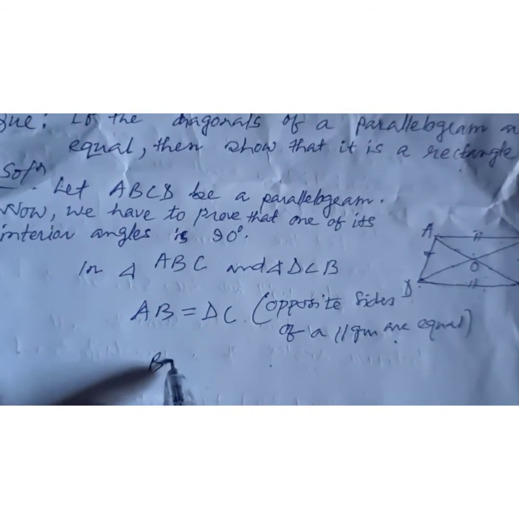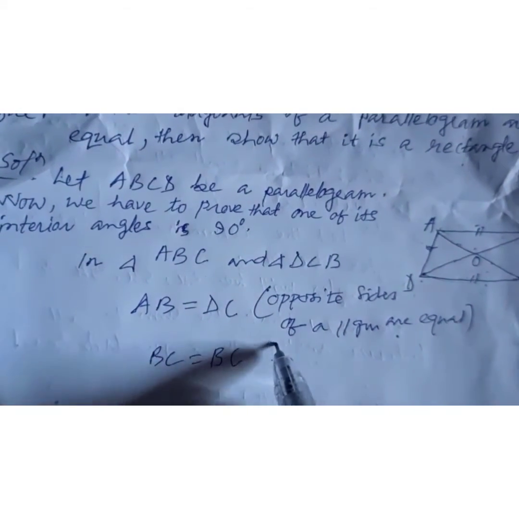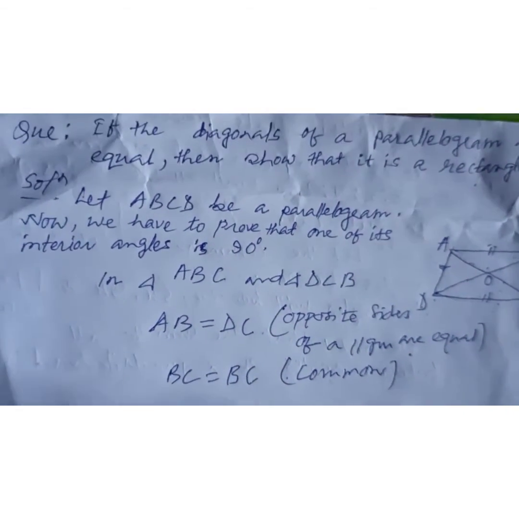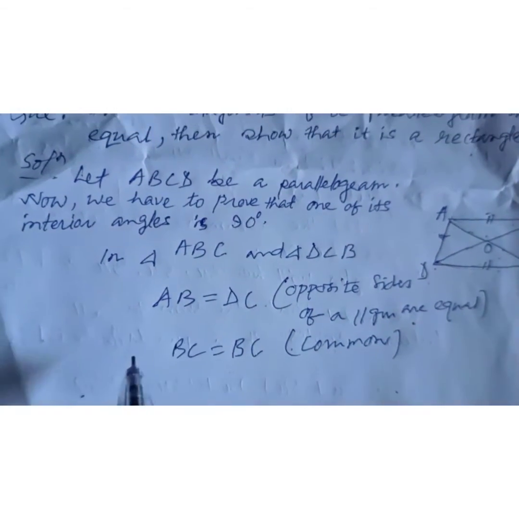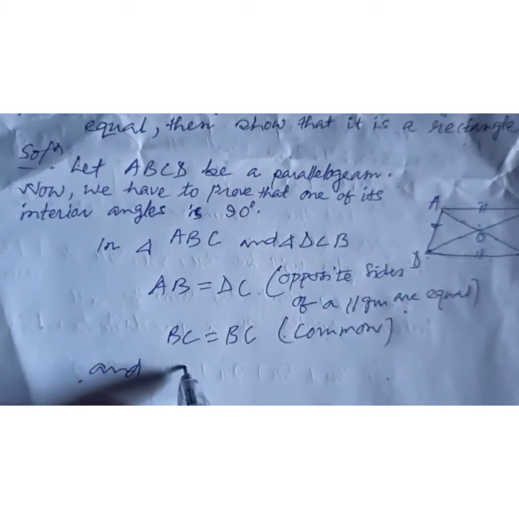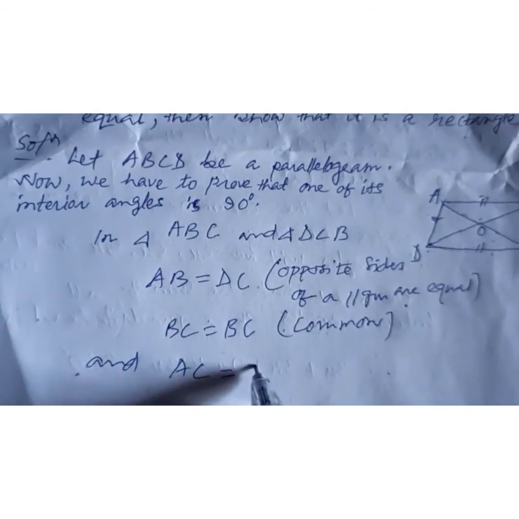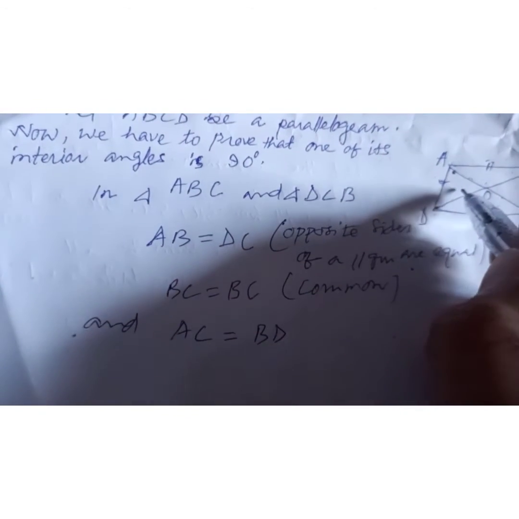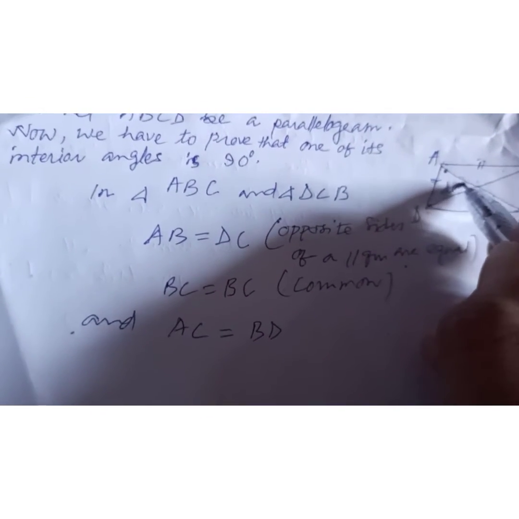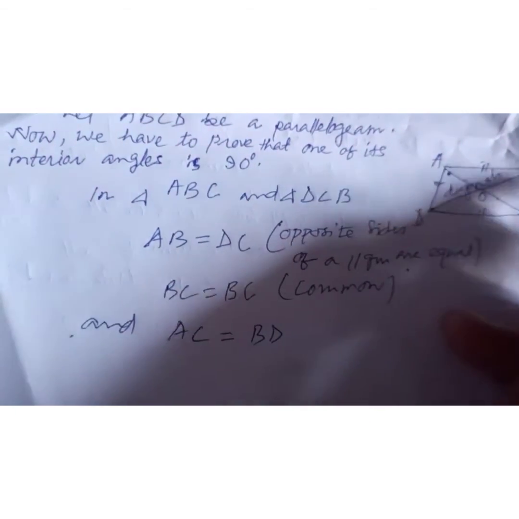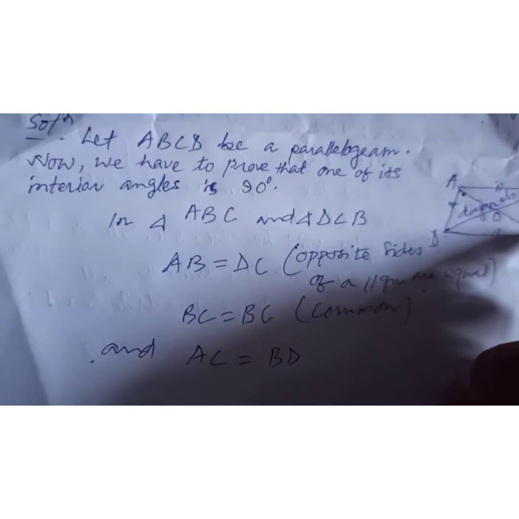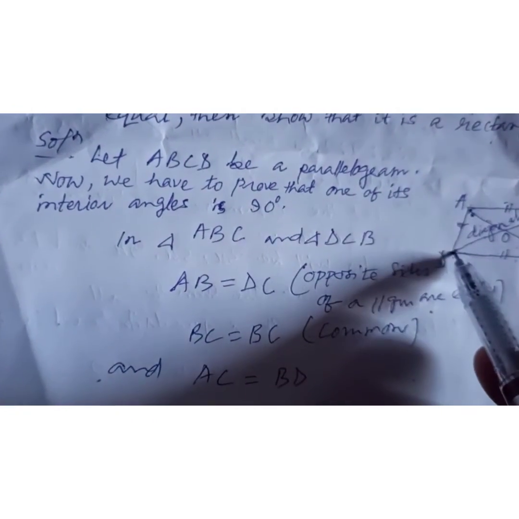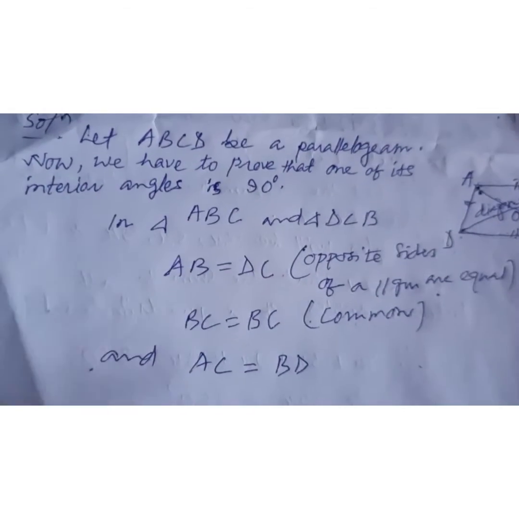And BC equal to BC, so this will be common. You can write common. Next, AC equal to BD. These are diagonals. This diagonal is always equal to the other diagonal. So AC is equal to BD or DB.